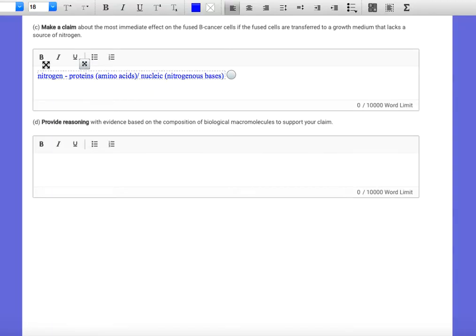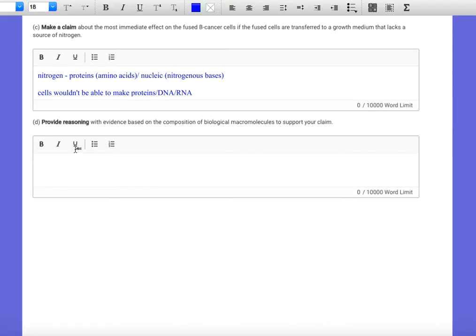So if there's no nitrogen, the cells wouldn't be able to make proteins or DNA or RNA, right? Because all those things are going to contain nitrogen.